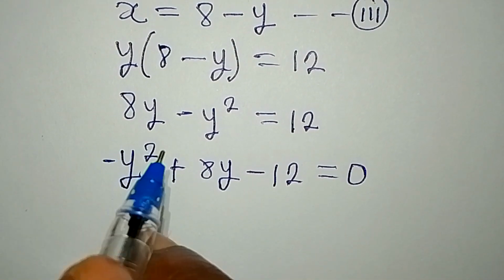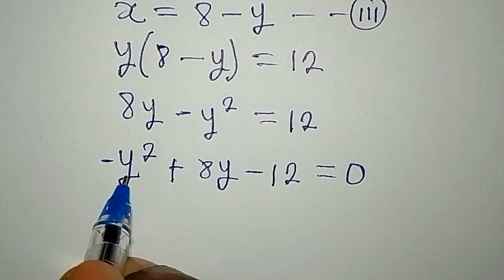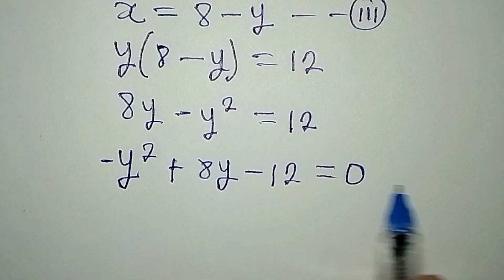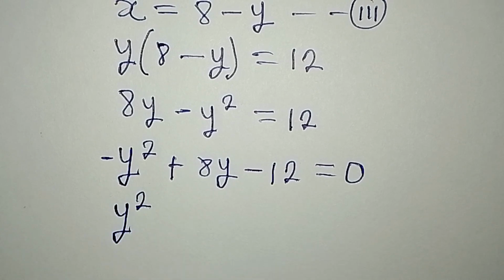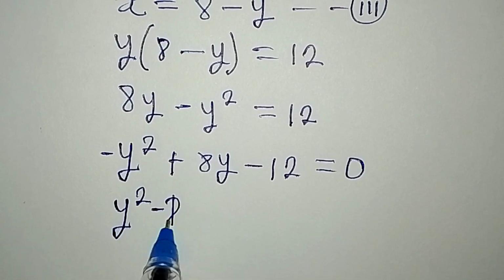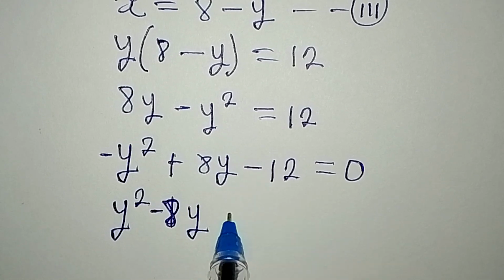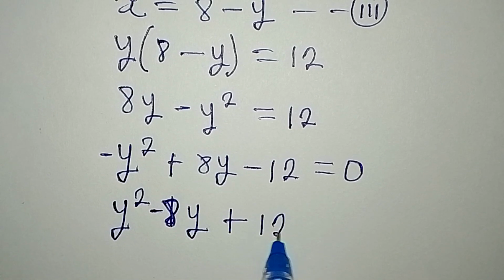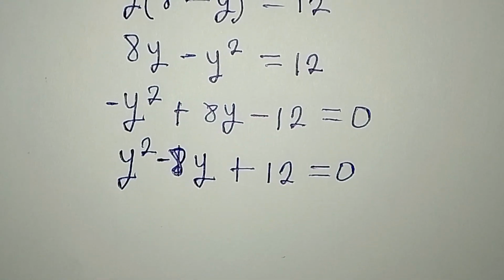Mind you, we are not expected to have negative coefficients for the y squared here, so multiply everything by negative 1. This will give us positive y squared, negative 8y, then positive 12, and then everything equal to 0.